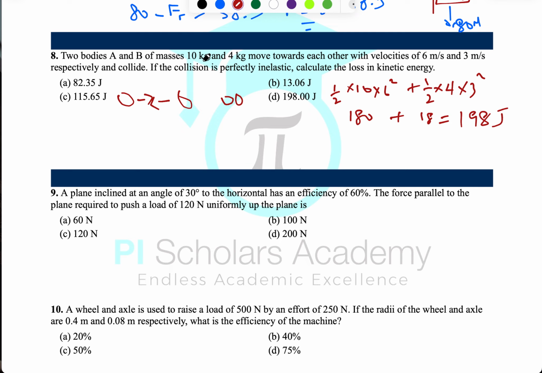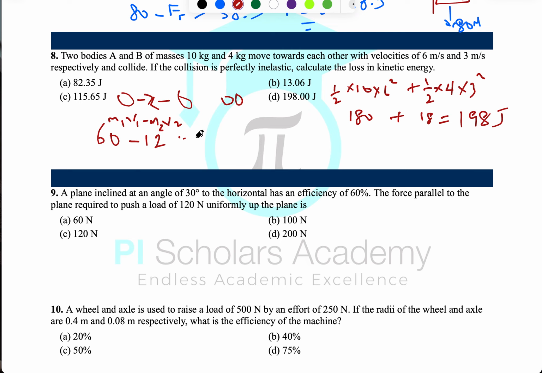So 10 kg at 6 meters per second, the momentum of that one is going to be 60. 4 kg at 3 meters per second, that's 4 times 3, that's going to be 12. So we have negative 12, because they are moving in opposite direction. So their total momentum before collision is m1 v1 minus m2 v2, because they are moving in opposite direction.